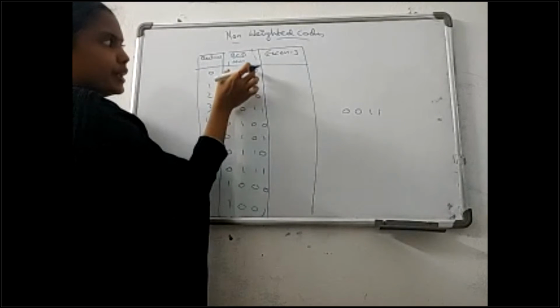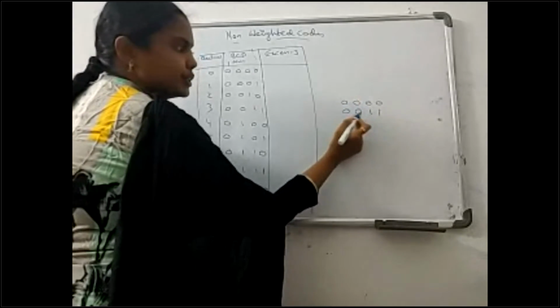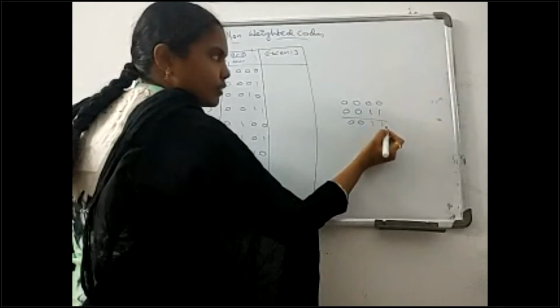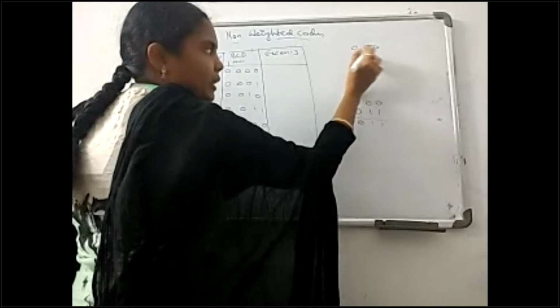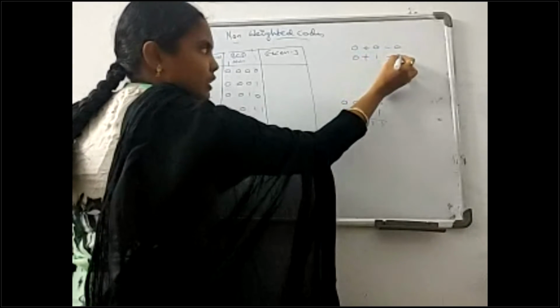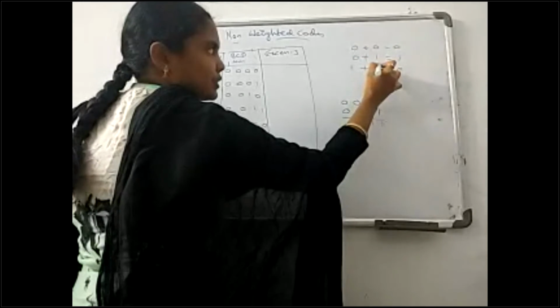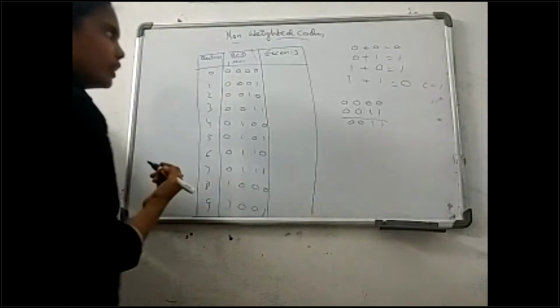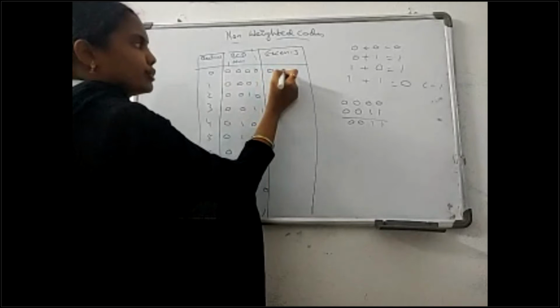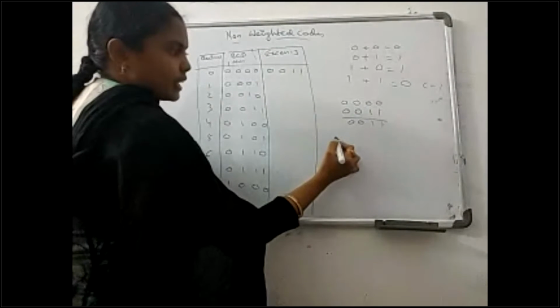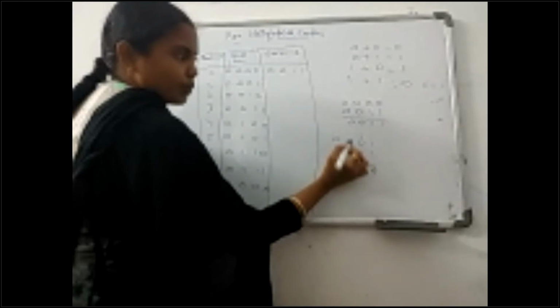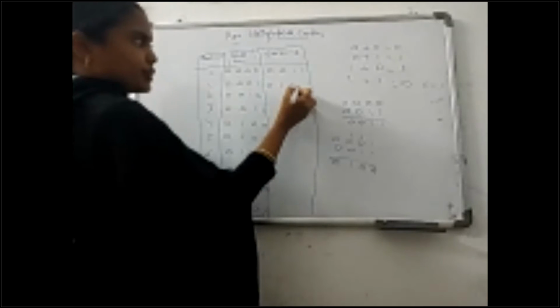Add 3 to these zeros: 0000 plus 0011. Using binary addition, 0 plus 0 is 0, 0 plus 1 is 1, 1 plus 1 is 0 with carry 1. So you get 0011. Now the second number is 0001. Again add 3. 1 plus 1 is 0, carry 1. Again 1 plus 1 is 0, carry 1. So 0100.